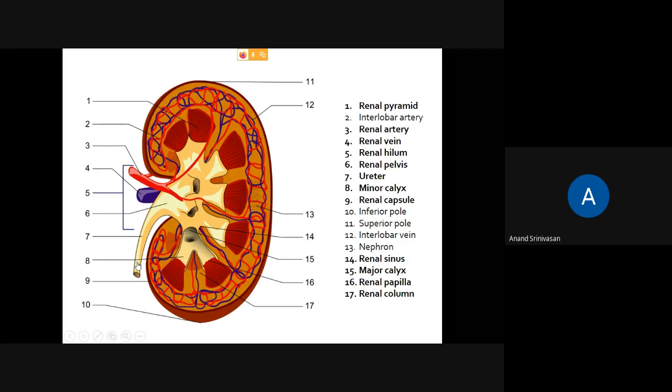Any doubts? This is very important, and you need to know these structures.